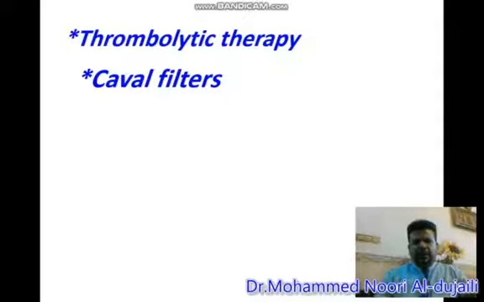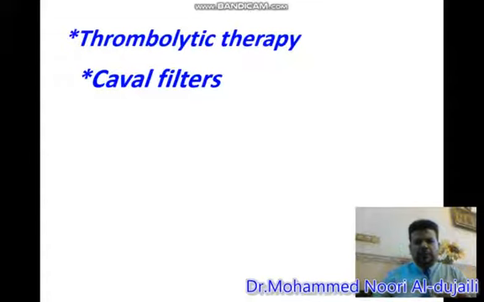Caval filter is a filter that can be used in patients with recurrent pulmonary emboli in spite of anticoagulation, or in patients with contraindication to anticoagulation, for example a patient who had intracranial hemorrhage and from the immobility of the first few days develops DVT or pulmonary embolism.